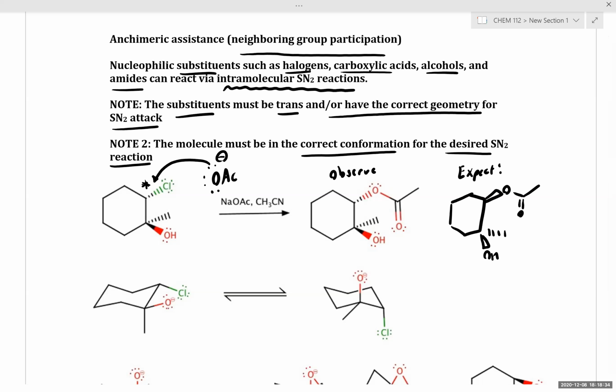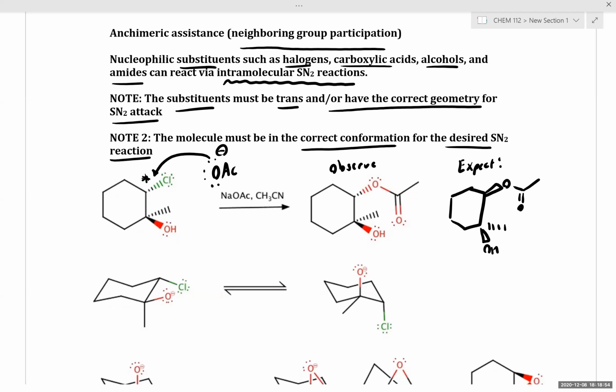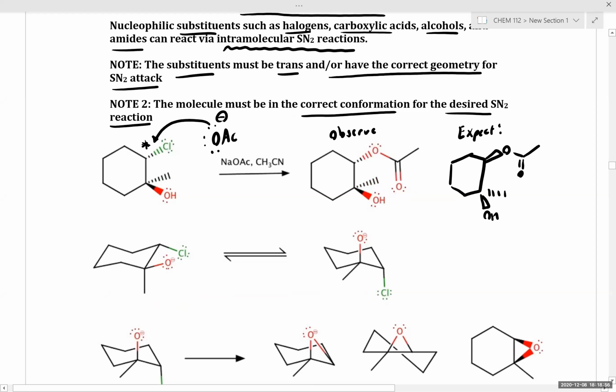So when you see these kinds of unexpected examples where we're clearly operating through an Sn2 mechanism, we have a reasonably strong nucleophile and we have a polar aprotic solvent, it's important to think for a moment and consider this idea of anchimeric assistance. Okay, so we have a result that contradicts our expectations. What's really happening in this process is we have two Sn2 reactions occurring, or a quote unquote double inversion.